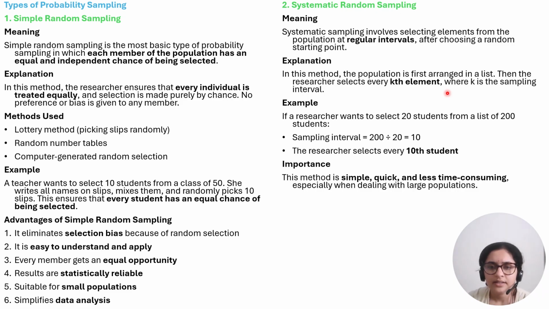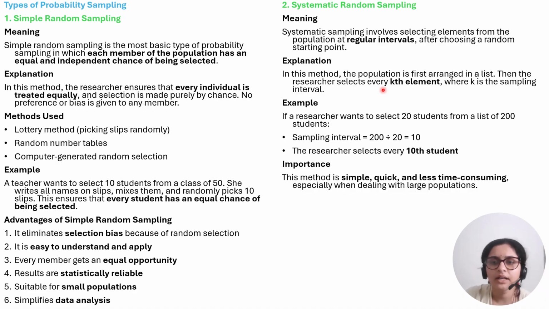Then the researcher selects every kth element, where K is a sampling interval. I have just taken a variable. So let us say K is 10. Then the researcher will pick every 10th element in the list.